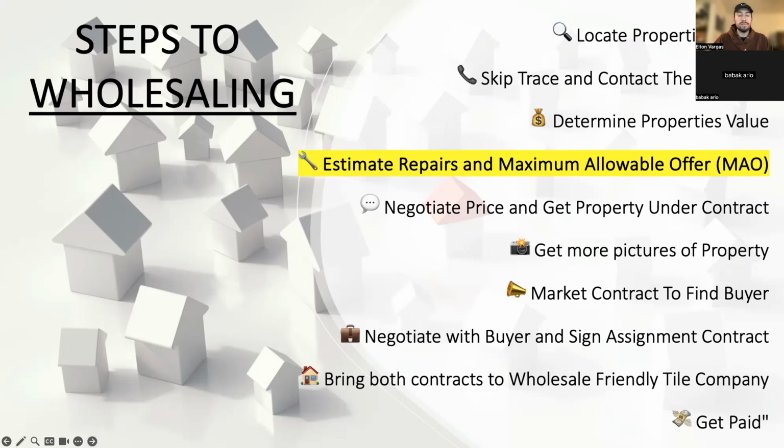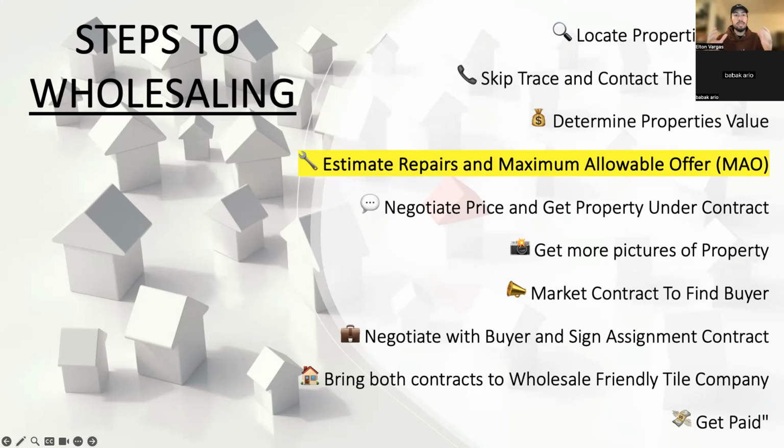Taking action is a big step that a lot of people get scared of, because they think, what if I get the property under contract? What if this? What if that? If you're thinking that way, that's not a positive mindset. The mindset should be to just do it and learn from the mistakes and the experience, which will help you better yourself for the next opportunity.